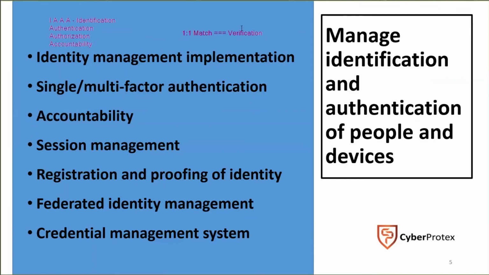If we can do a 1-to-1 match, what we have on file in the identity world, what you're providing, if we challenge you to give us what we know to be authentic on file, and you provide us with that, we have a 1-to-1 match, and you are verified or authenticated to get onto the network.